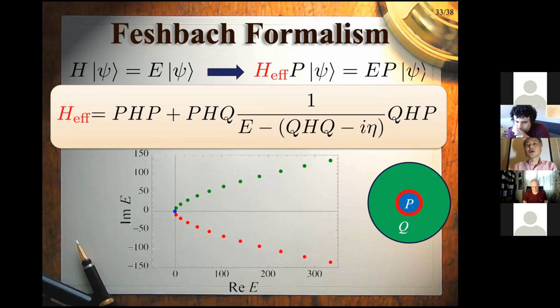So it is a non-Markovian Schrödinger equation.